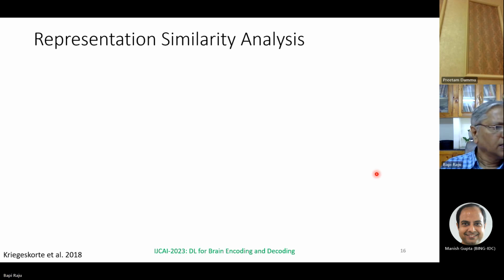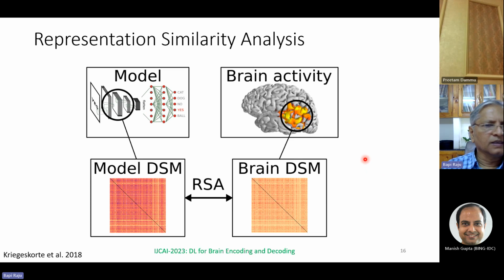One of the interesting things about this RSA analysis is that it is possible to compare model representations and brain representations without actually directly comparing them. It's a powerful approach where the model is given, for example, scene 1 to scene 20. This is a decoder. In this case, this model is decoding the type of object: cat, dog, ball, and so on.